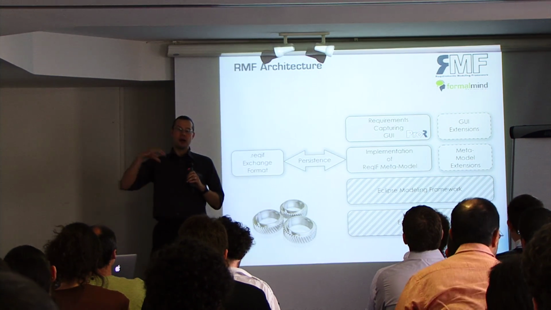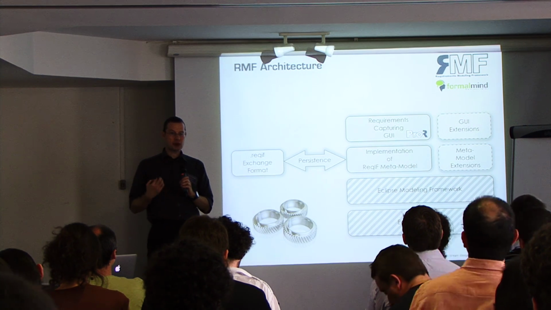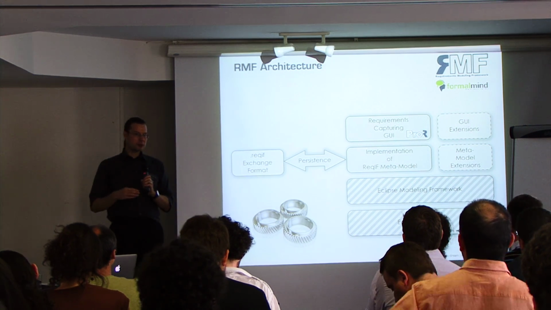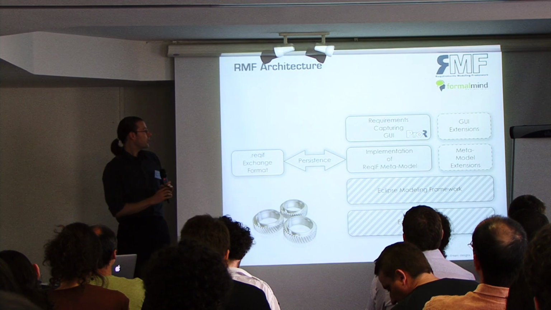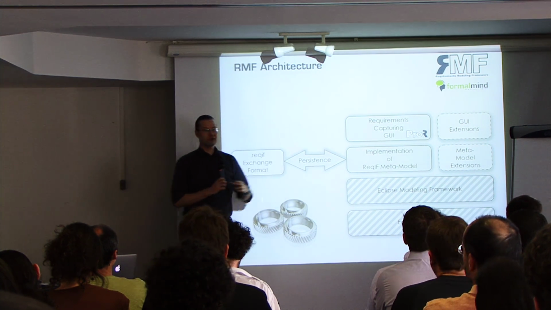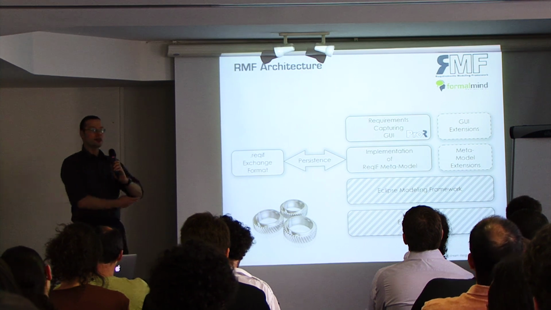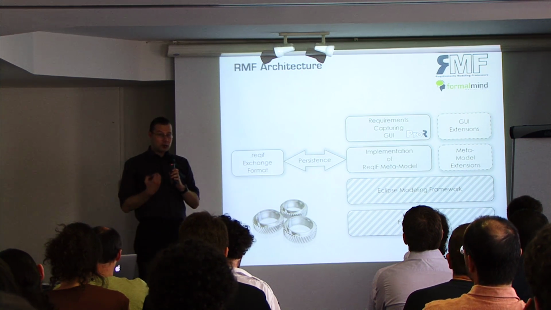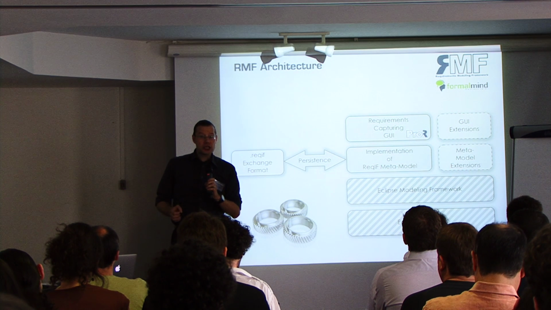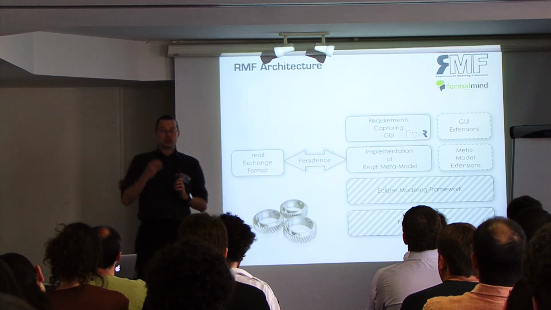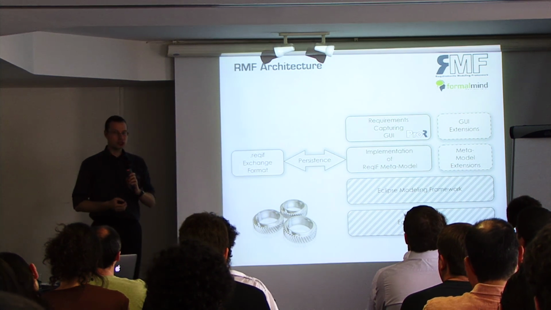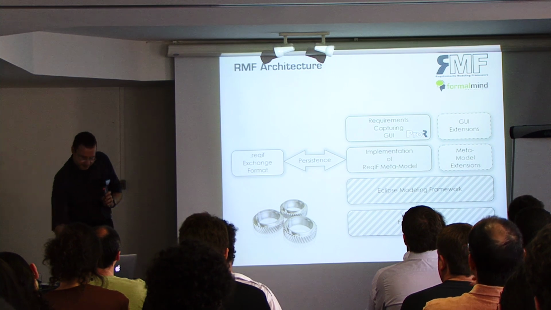That is basically the model that represents your requirements. And I'm telling you a little bit about that model in a second. And then on top of that, you have the user interface. And of course, we provided a number of hooks in various places so that you can extend it. And in the demo, you will also see how we do the integration with other models to take advantage of those hooks in the system.